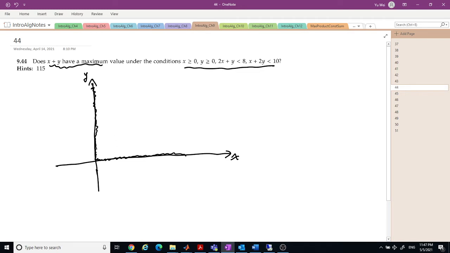So y is 8. 1, 2, 3, 4, 5, 6, 7, 8. So the x-intercept is 4, right?